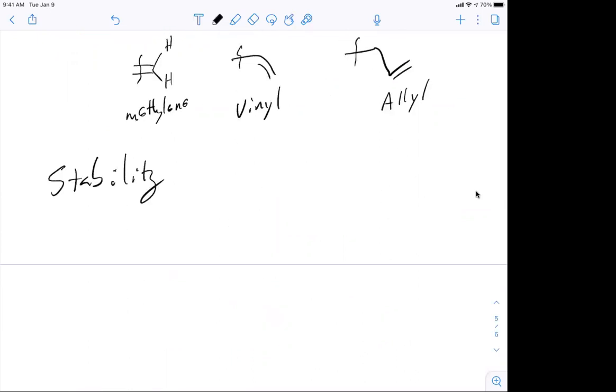Stability, the first thing we need to think about with stability is how do we classify our different substitution patterns. And we'll call this mono substituted, di substituted, tri substituted, and tetra.